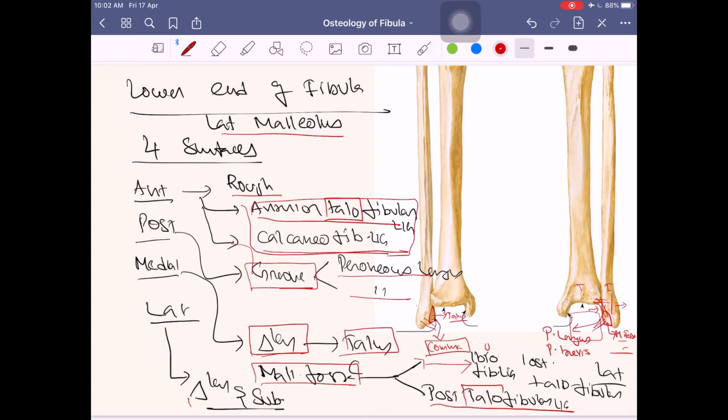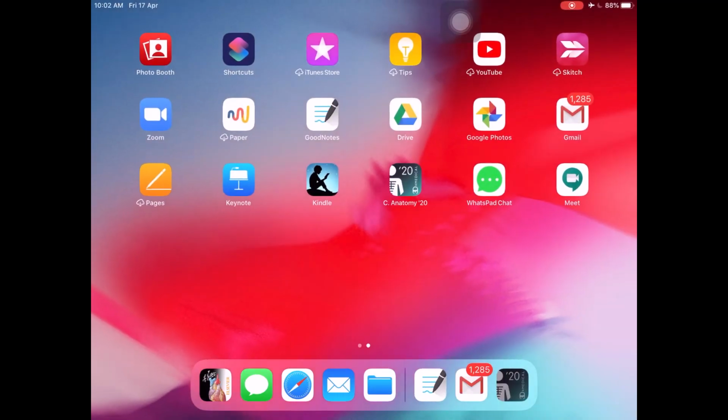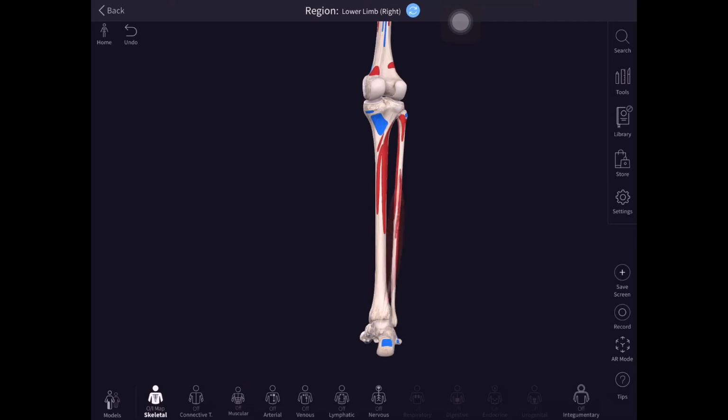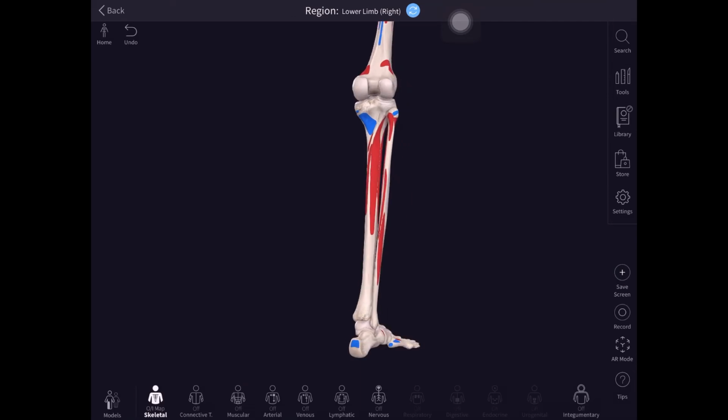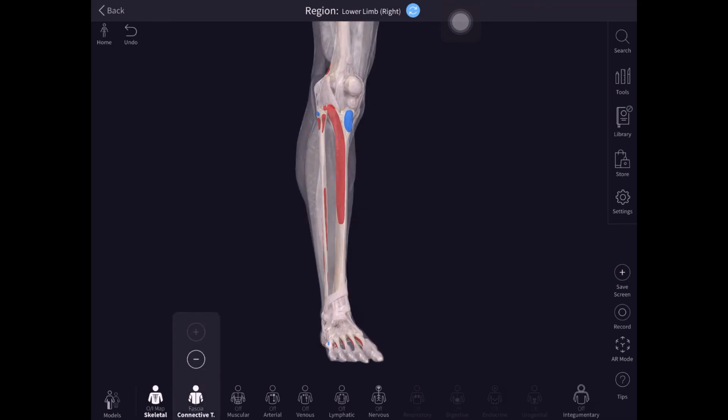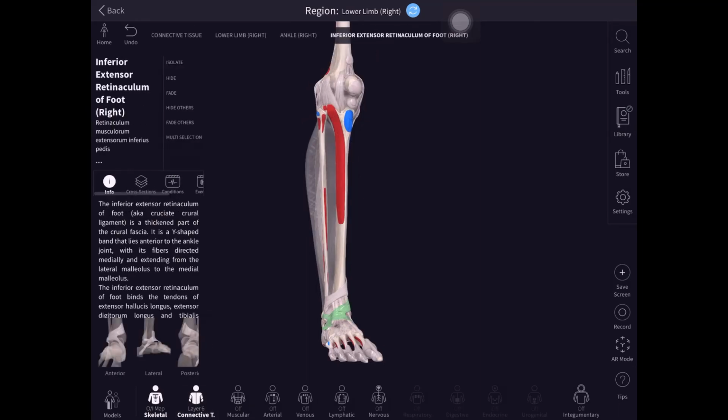So let us see these things in the application. We need the ligaments now.